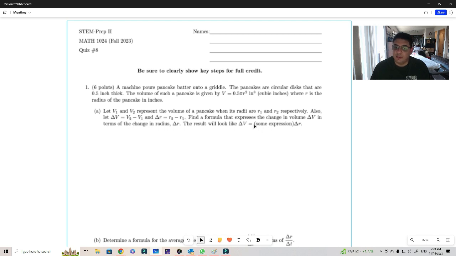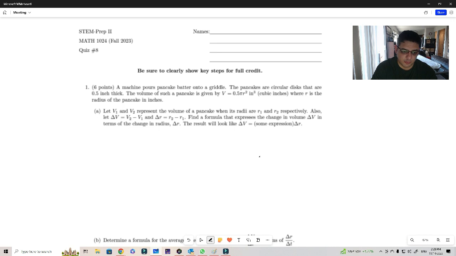Now we want to find a formula that expresses the change in volume, delta V, in terms of the change in the radius. This is going to result in an expression of the form delta V equals some expression times delta R. So let's see what the solution is.